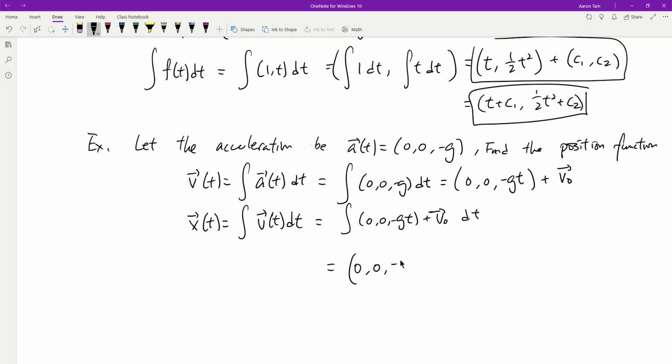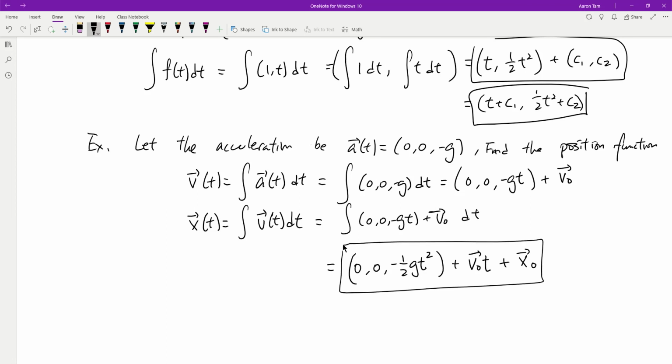And then the integral of negative gt dt becomes negative 1/2 gt squared. Some of you might recognize that part right there. Plus vector v sub 0 is a constant, so when I integrate it becomes attached with t, plus some constant of integration, which I'm going to call x sub 0.